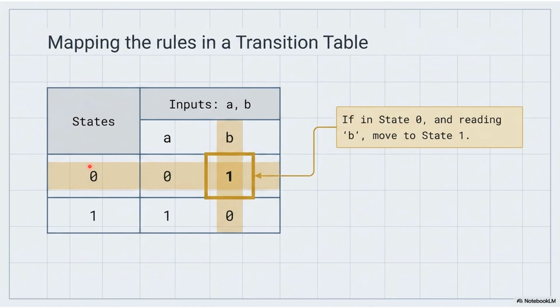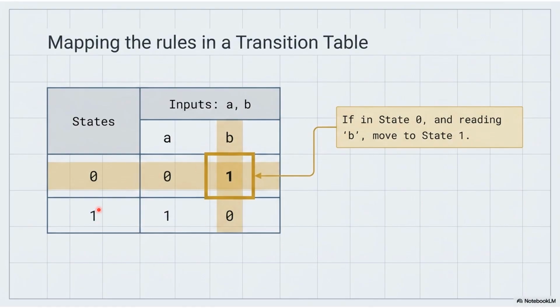If you are in state 0 and read the symbol A, it moves to the same state, that is a self transition. If you are in state 0 and read the symbol B, it moves to state 1.